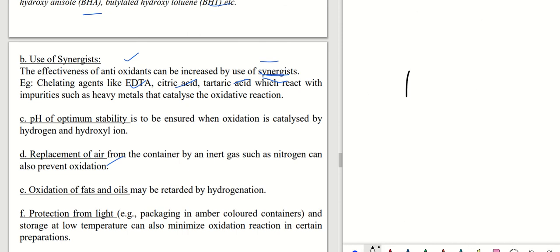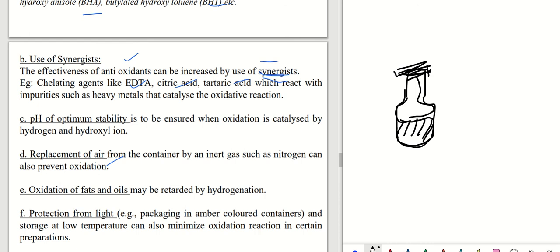We might have seen most of the vials for parenteral use, a powder form, and here this gap will be filled with some inert gas like nitrogen or any suitable inert gas.